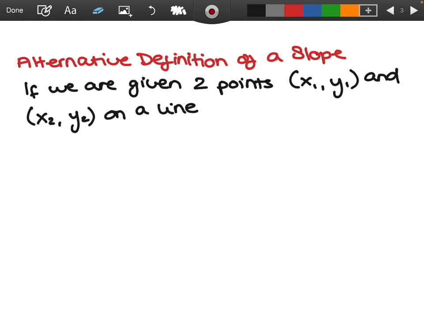It also does not work for our formula. So for 2 separate points, x1, y1 and x2, y2 on a line where x sub 1 and x sub 2 are not equal, then you can find the slope of the line.